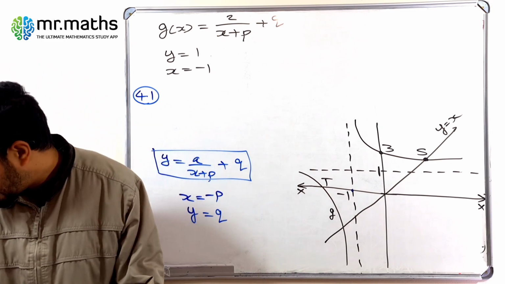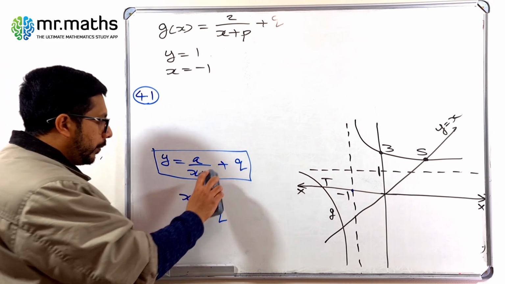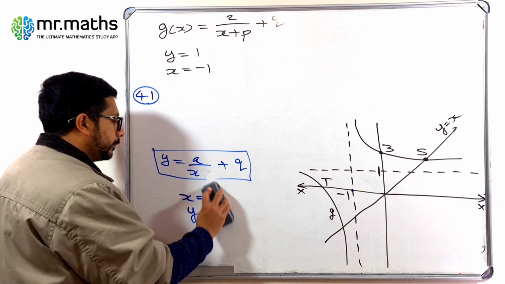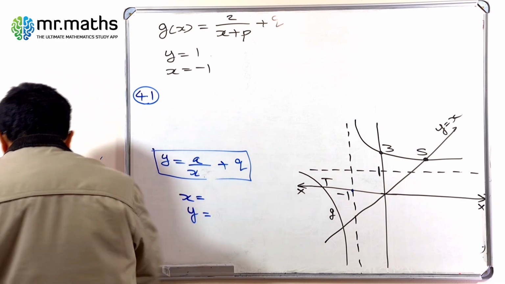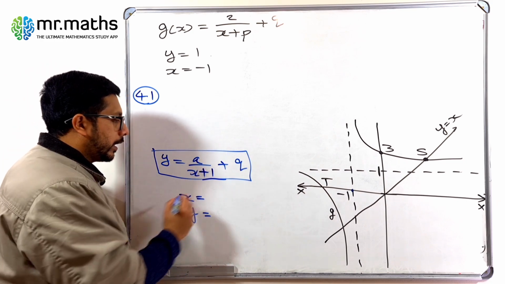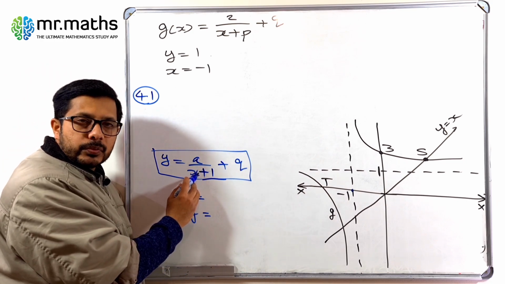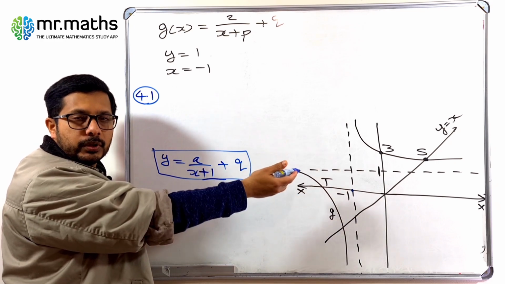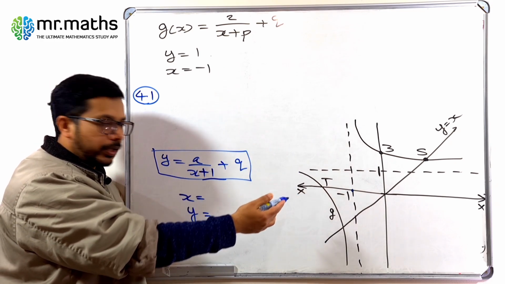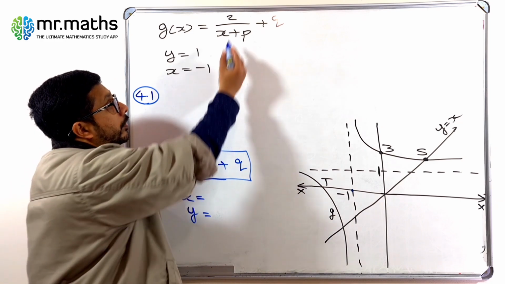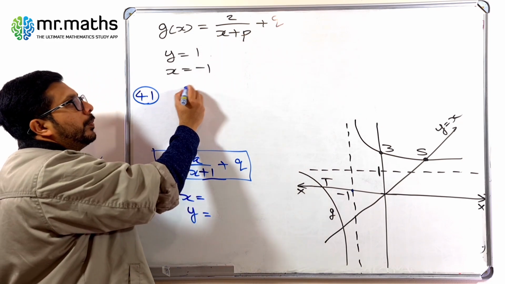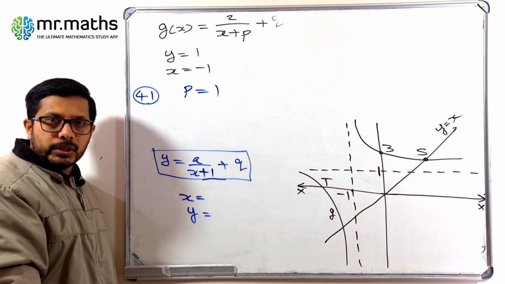Let me write it here as plus 1. We can see that it is correct, because when here it is plus 1, we draw x is equal to minus 1 as the asymptote on the graph. So the value of p is equal to positive 1.